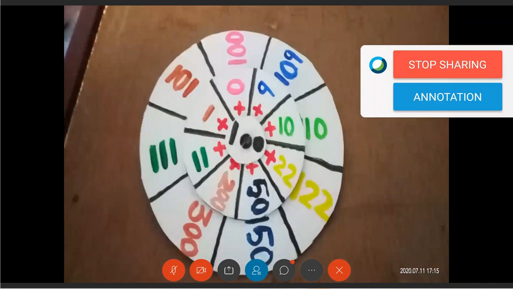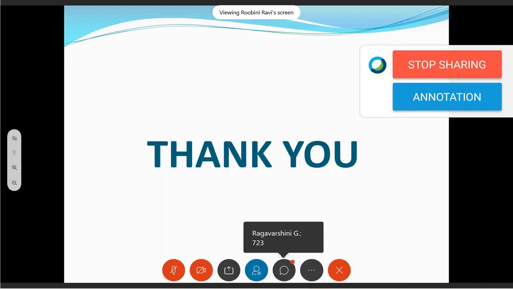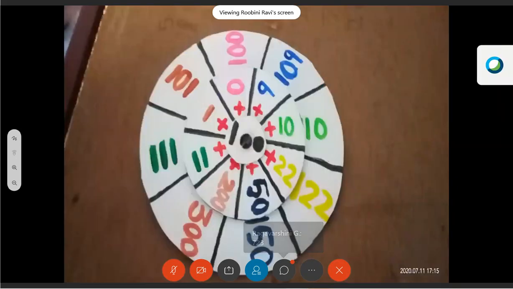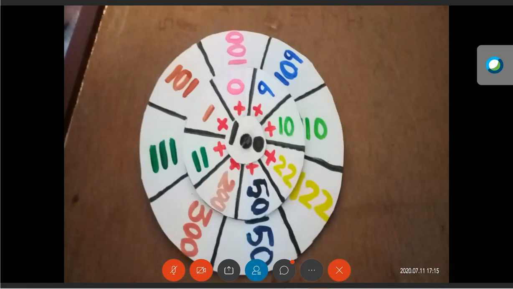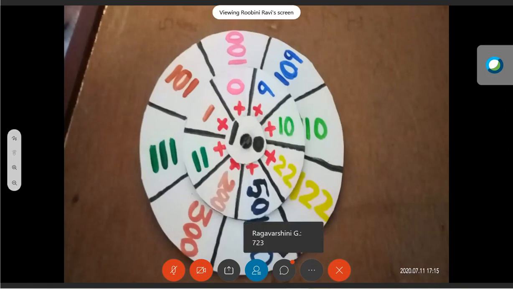Children, you see here, this is the wheel. See here, children, this is the addition wheel. In your workbook, those who have the workbook can see it and draw it.